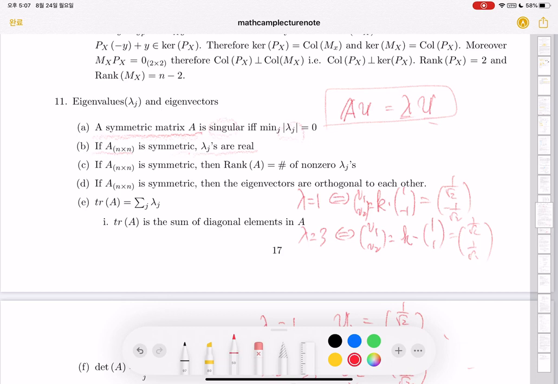In this case, the A matrix was 2, 1, 1, 2, and none of these two eigenvalues are 0, so it's not singular. You can invert the matrix A. If A is symmetric, then the rank of A is the number of non-zero eigenvalues.